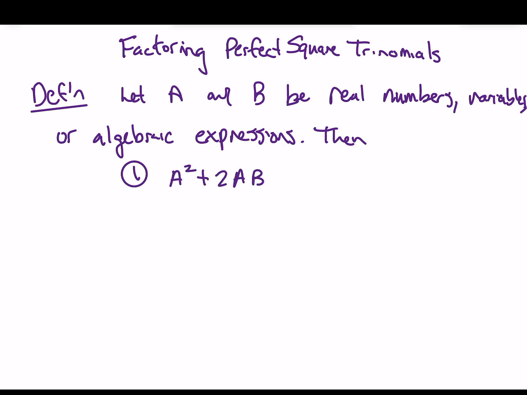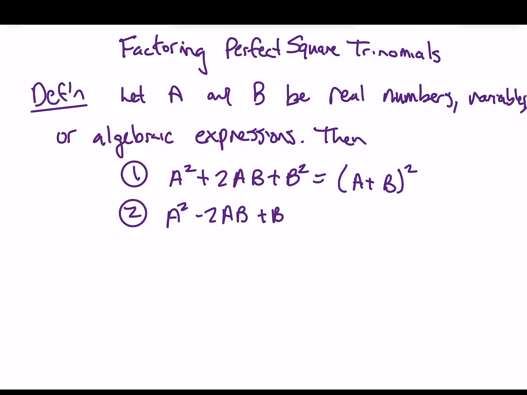Then we get two different equations here. Then a squared plus 2 times a times b plus b squared is equal to a plus b, quantity squared, and a squared minus 2ab plus b squared is equal to a minus b quantity squared.